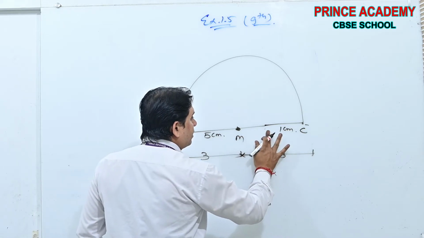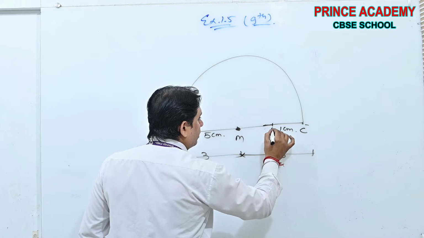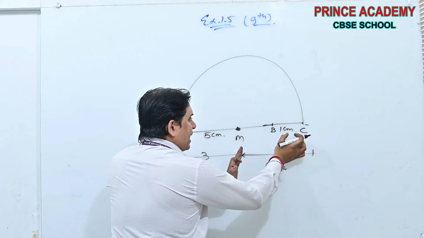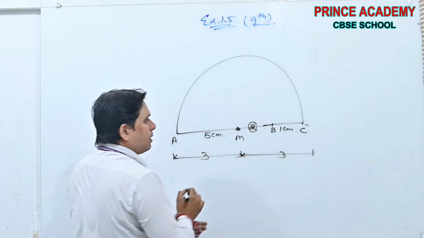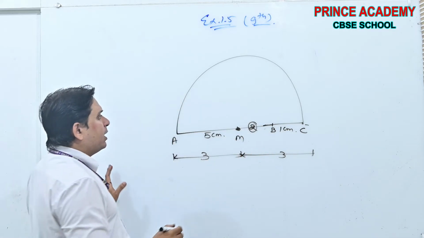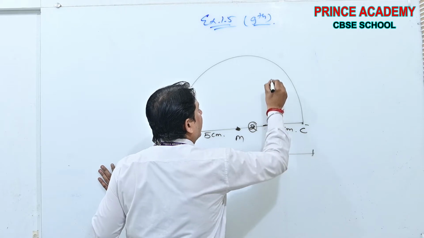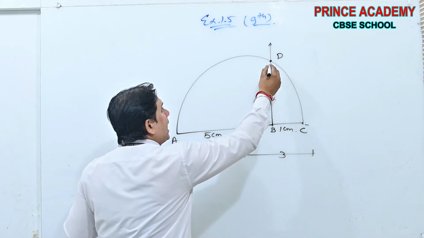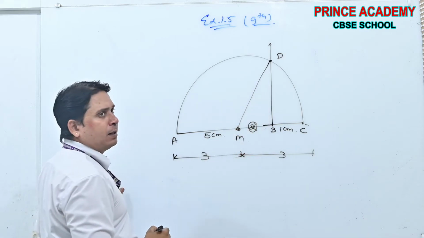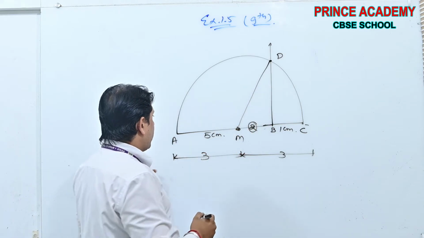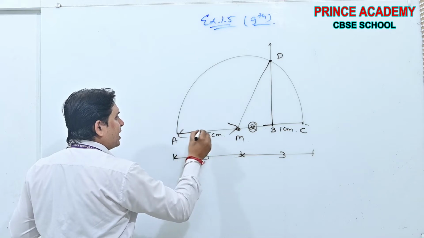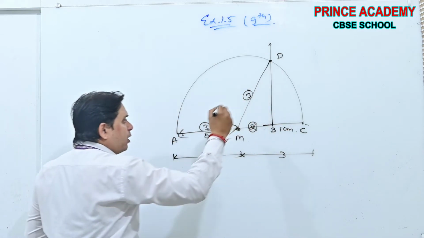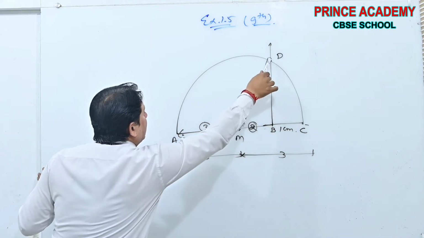Suppose here is D. B to C is 1, M to C is 3, 3 minus 1, this is 2. Now if I draw the 90-degree angle here, it will meet at D. And MD is also the radius, because up to this length is 3, radius is 3. Now see beta, MBD I am drawing here.